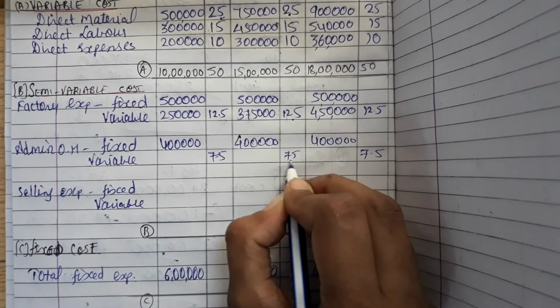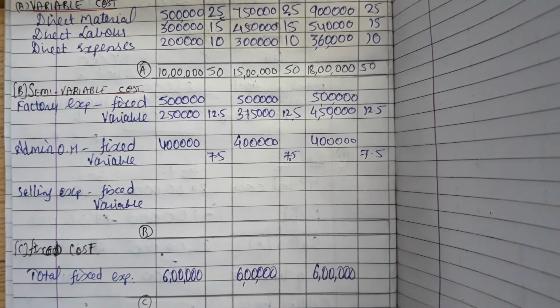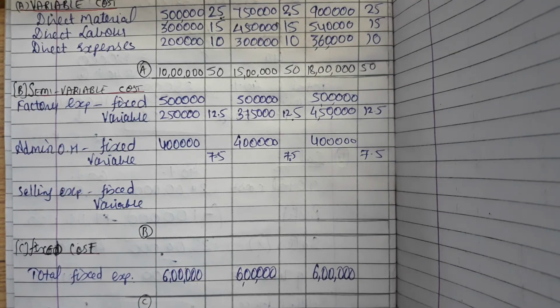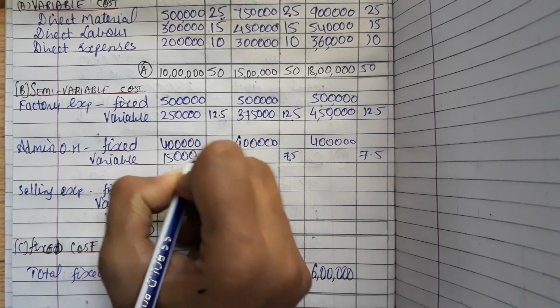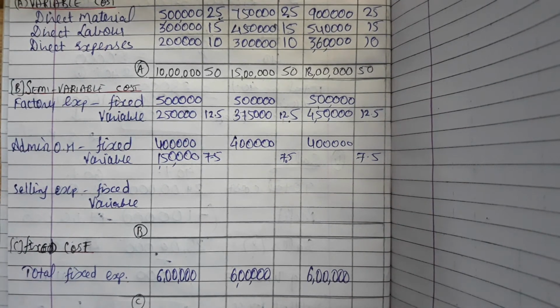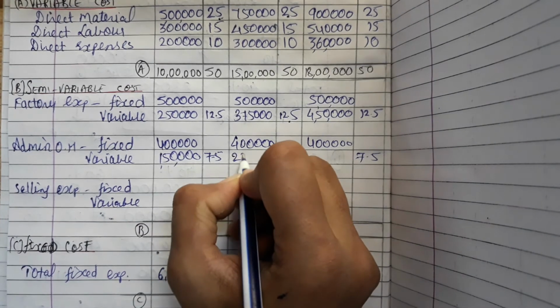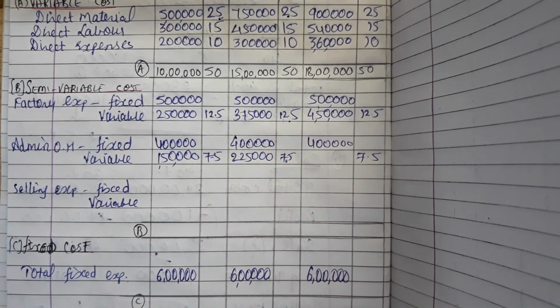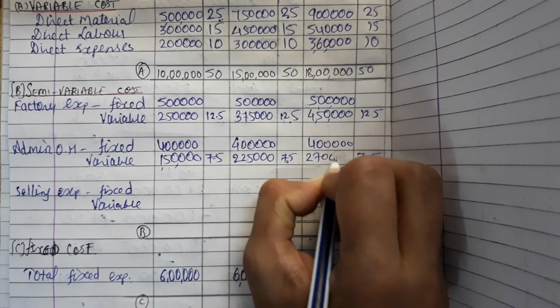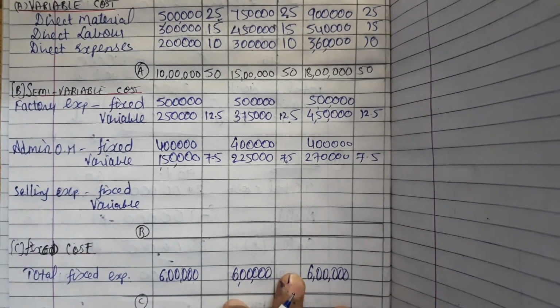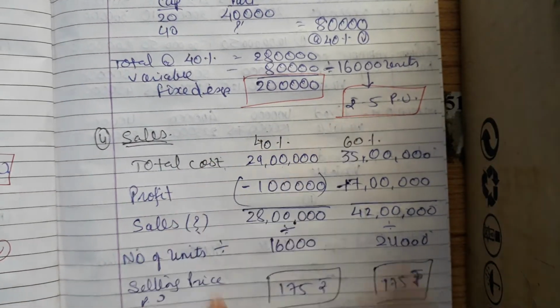Now 7.5 into 20,000, so that is 1,50,000. 7.5 into 30,000, so that is 2,25,000. 7.5 into 36,000, so 2,70,000. Done.